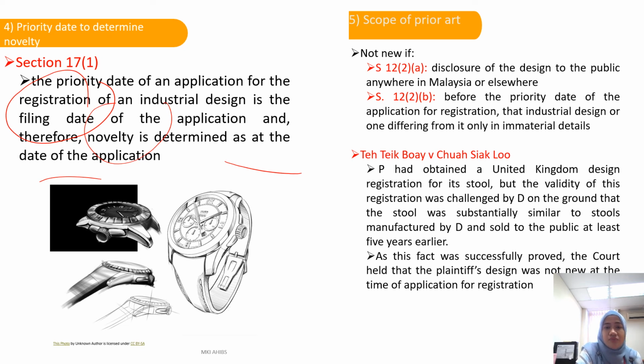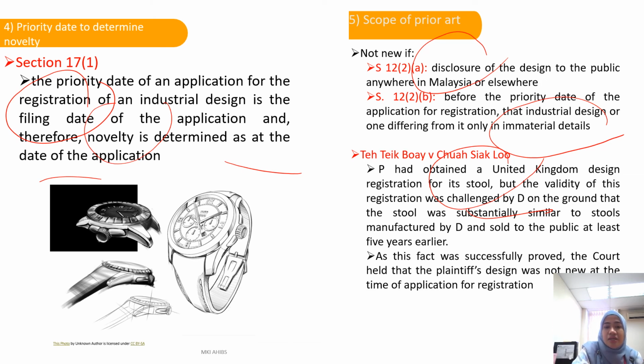Okay, fifth is the scope of prior art. So an article is not considered as new if, section 12 subsection 2 paragraph A, there has been disclosure, and paragraph B, before the priority date it only differs in immaterial details. Okay, in the case of Teh Boy and Chua Siak Lu, plaintiff had obtained a UK design registration for its tool, but the validity of the registration was challenged by the defendant, because defendant mentions that they have actually manufactured the same design for 5 years.